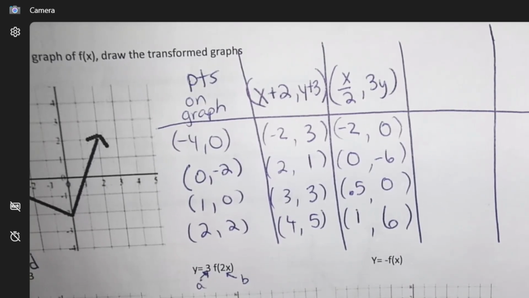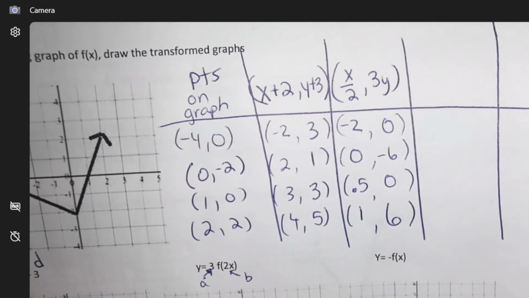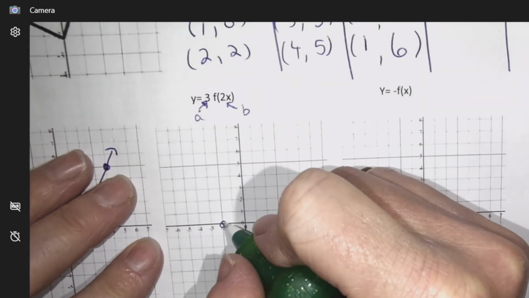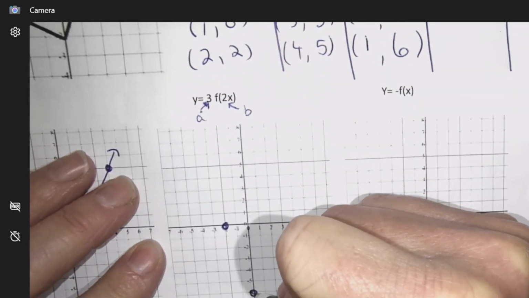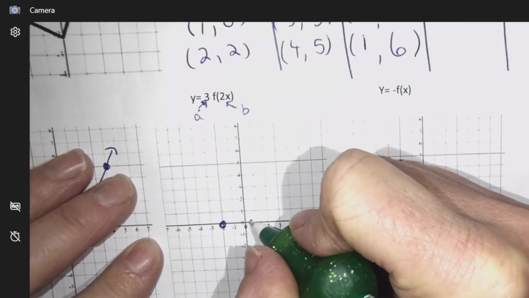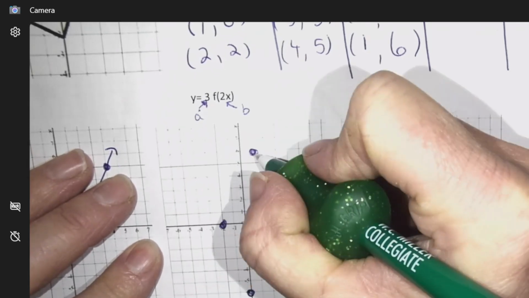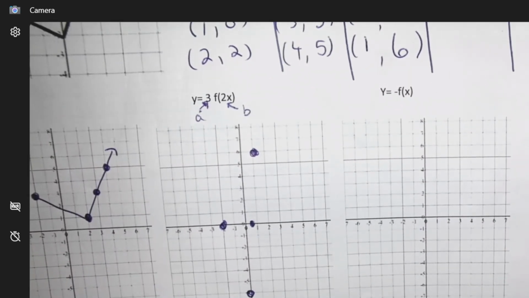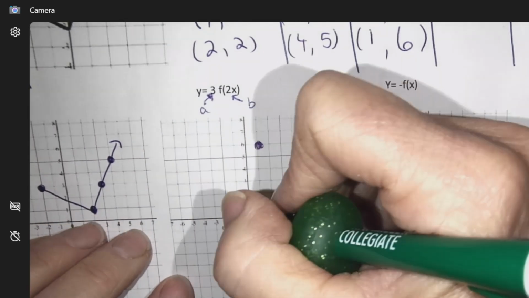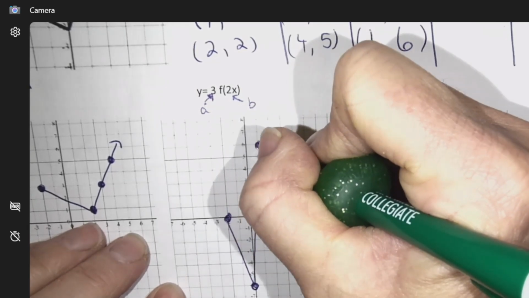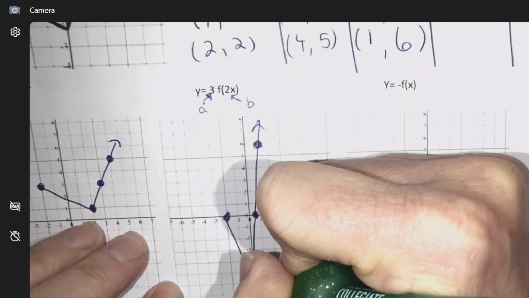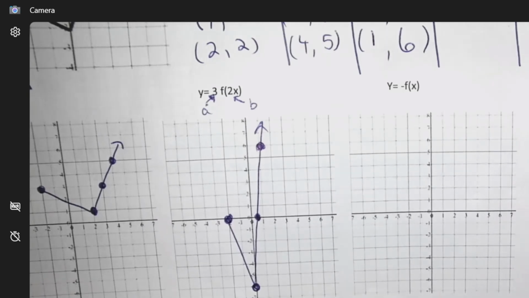Half all the X's and triple all the Y's. Do we match? Okay, ready to graph your numbers? Connect your shape and make sure your arrow goes in the right matching spot that it should.